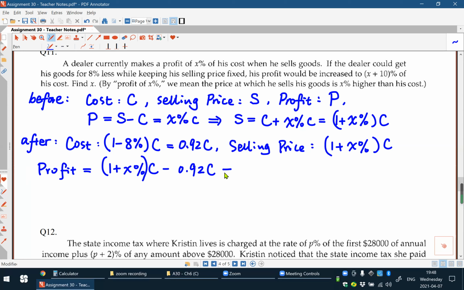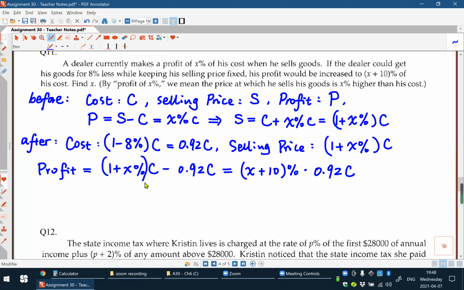And also we know the profit is increased to X plus 10% of his cost. His cost now is 0.92 C, right? So from this equation, we need to solve the number of X.